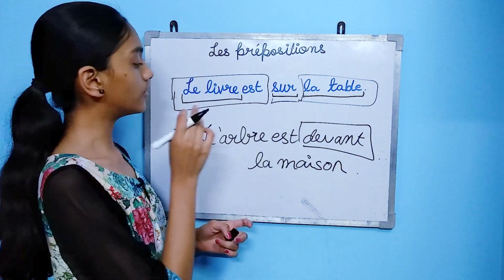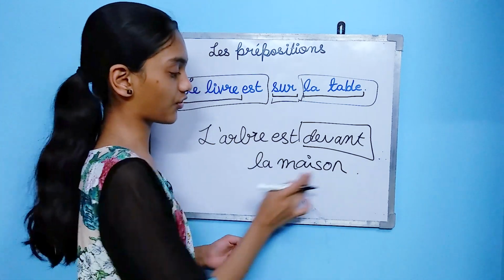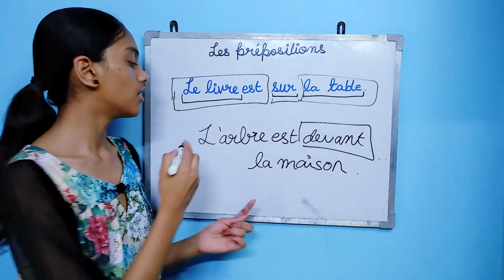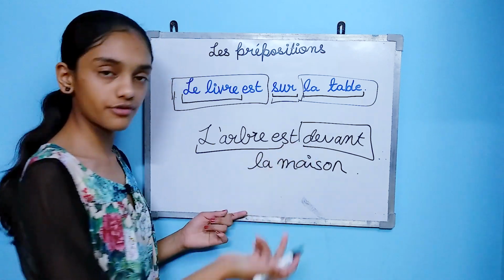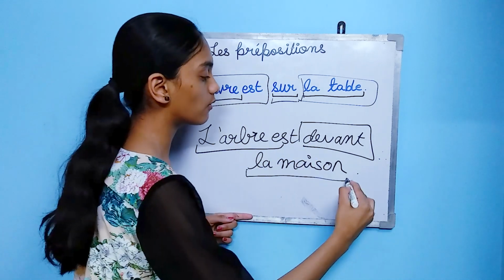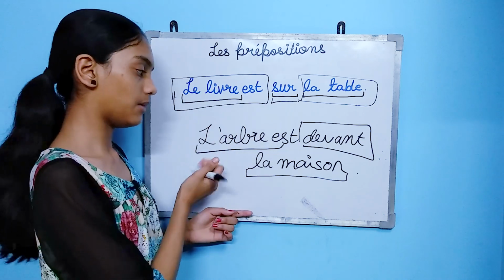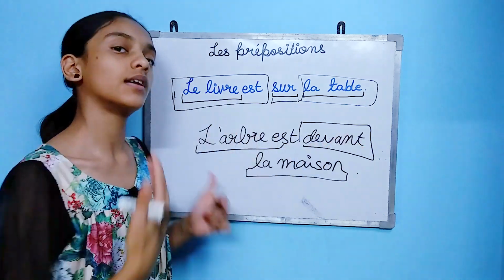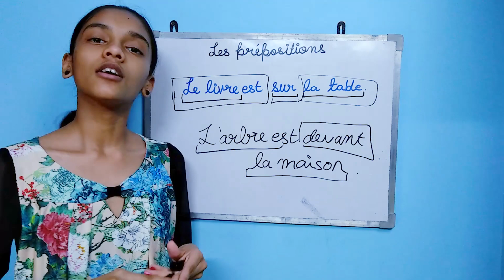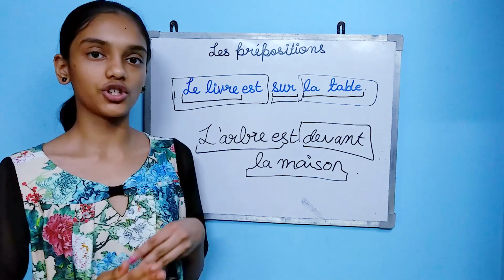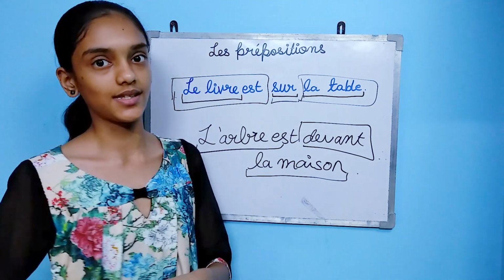The sentence is the tree is in front of the house. Here, the first element was the tree and the second element was the house. And the preposition was placed in between the two elements to connect them. So this is how prepositions are placed.